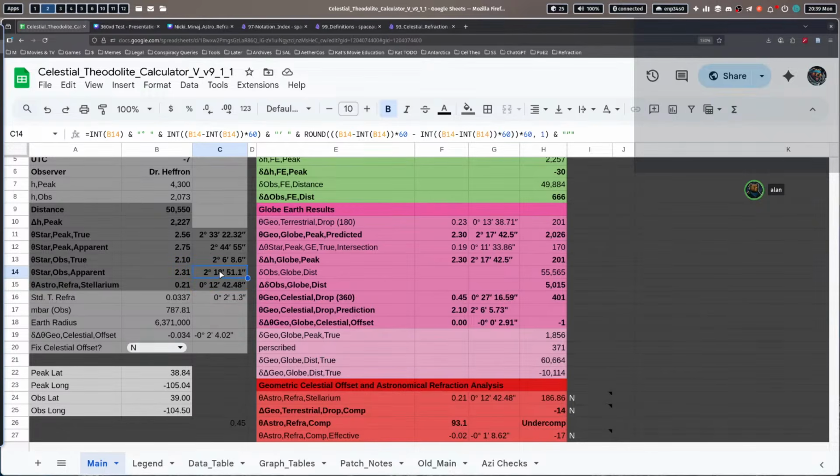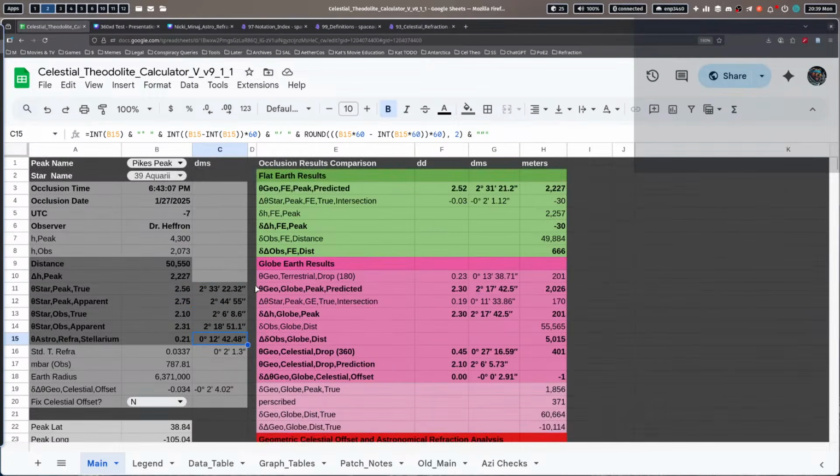So it's at 218. And you would just assume that visual angle, oh yeah, okay, there must be 12 arc minutes of refraction there between us. But there doesn't really appear to be, though.